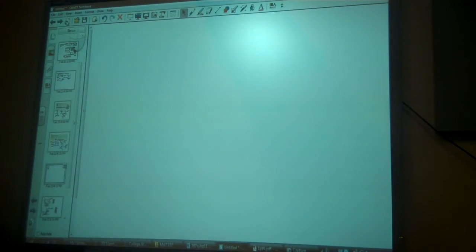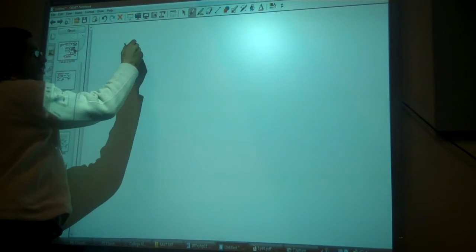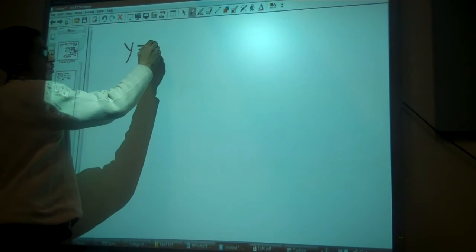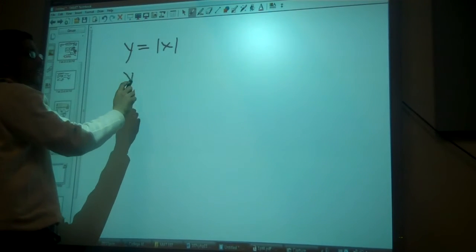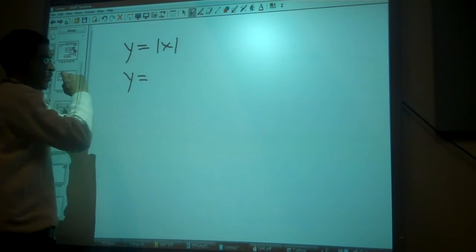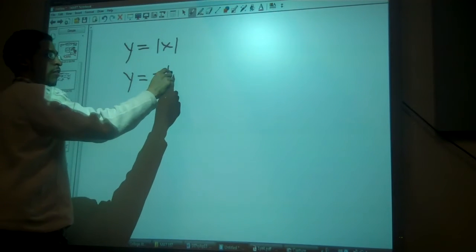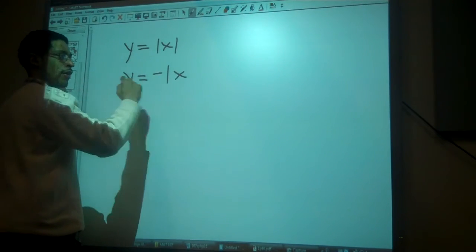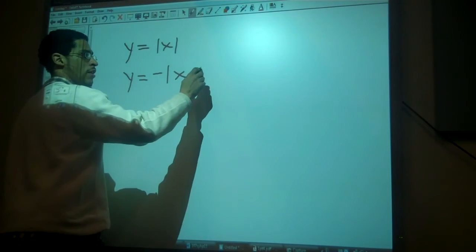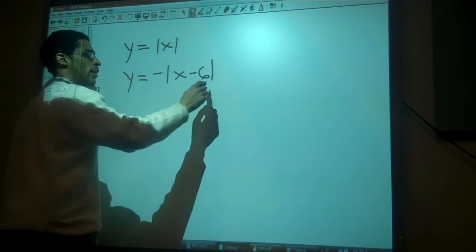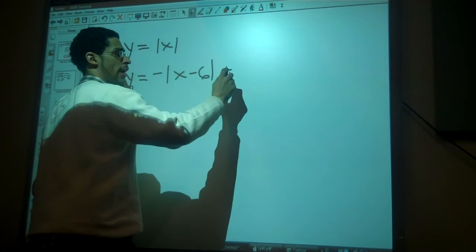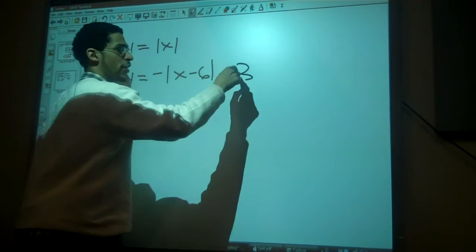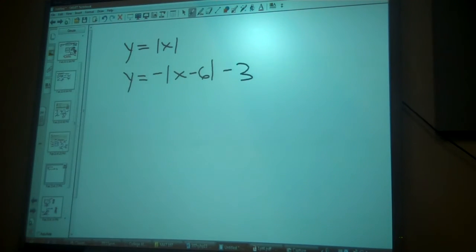So if I want to take y equals absolute value of x and do 3 things to it, I want to reflect it, do some sort of a shift to it, both horizontally and vertically. This is a transformation on absolute value of x.